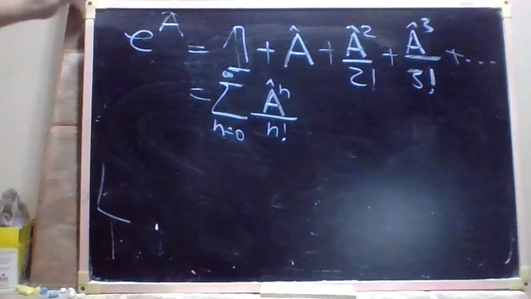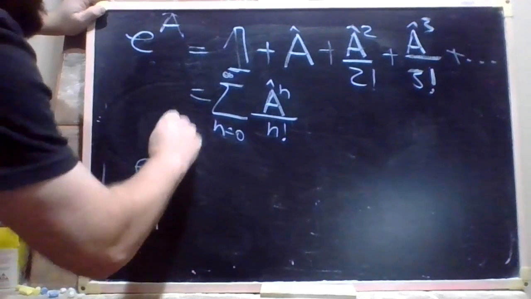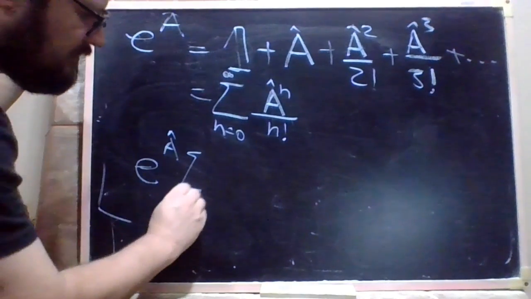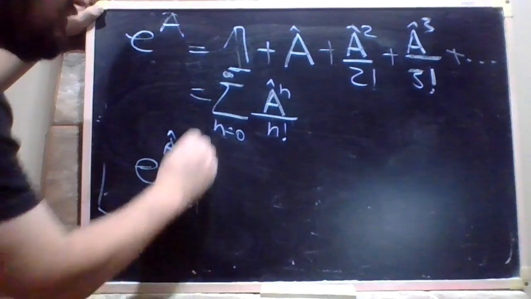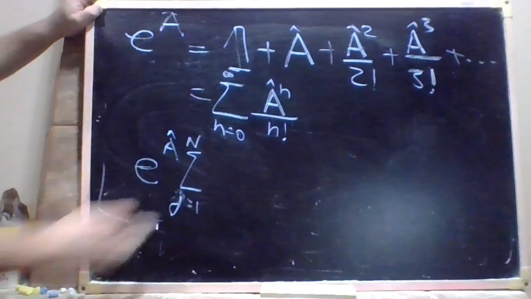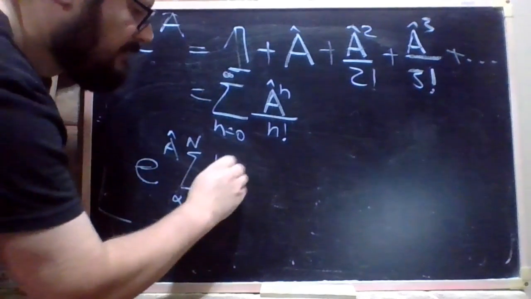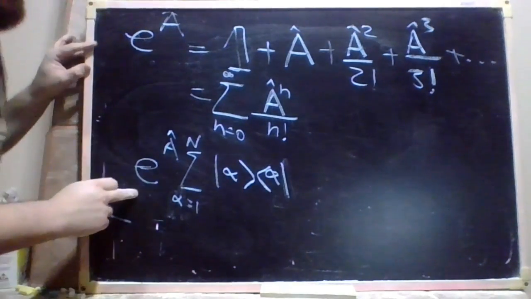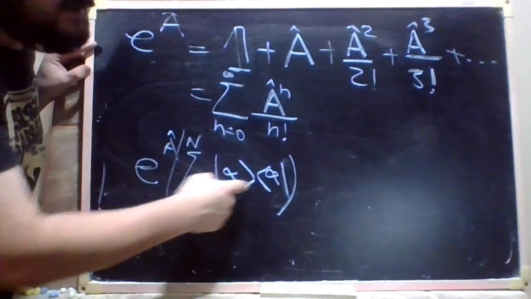Okay? Another way is to use the eigenvectors of A, and you use as a basis the eigenvectors from 1 to n, suppose alpha, it's better to use alpha here, alpha from 1 to n, the exponential multiplying, this is the resolution of the identity in a given basis.